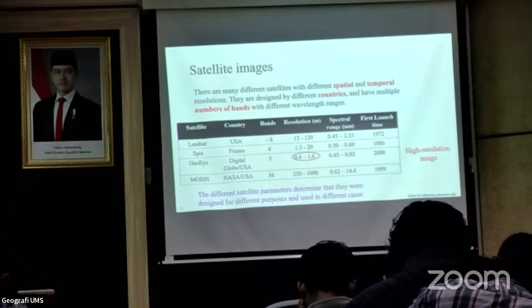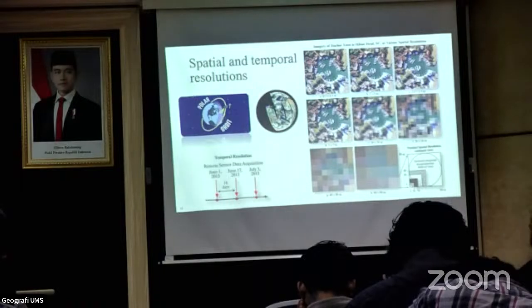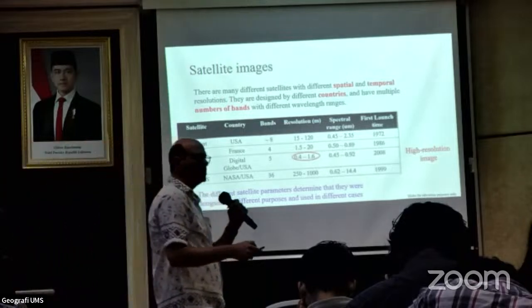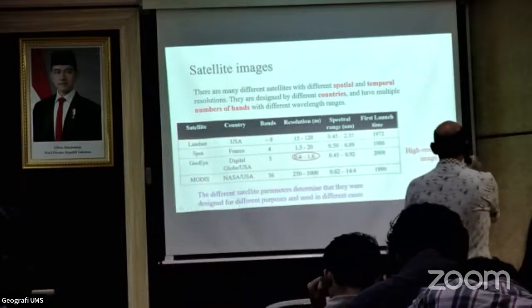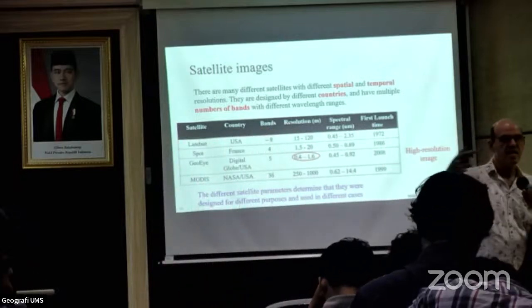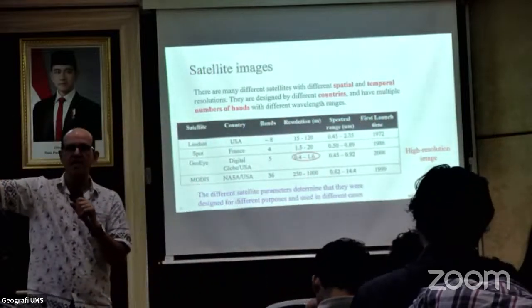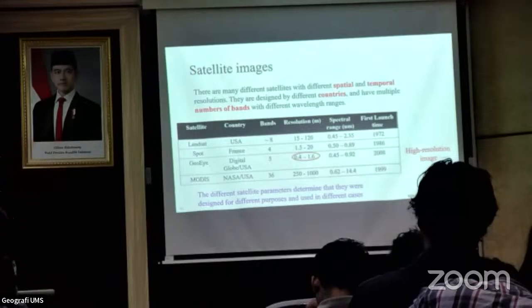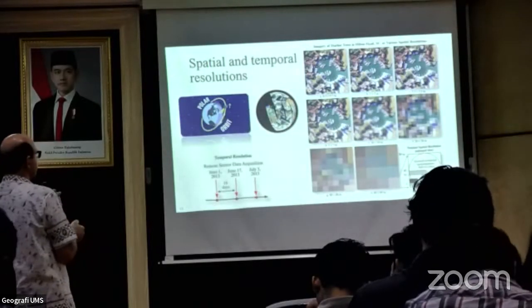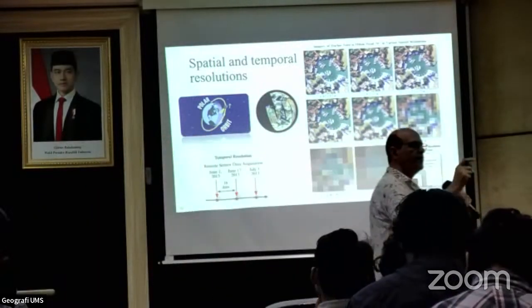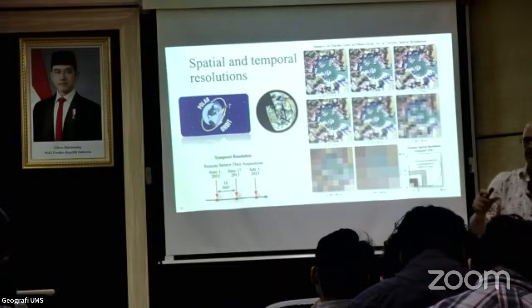And the highest resolution you see here, Dr. Farha has talked a lot about resolution, so I will not go into it. GeoEye has 0.4 to 1.6 meter resolution. That means GeoEye can pick out objects in this range. That's the spatial resolution, and it's a temporal resolution how the satellites are revisiting and providing the data. So you have spatial resolution when you pick the piece of space.